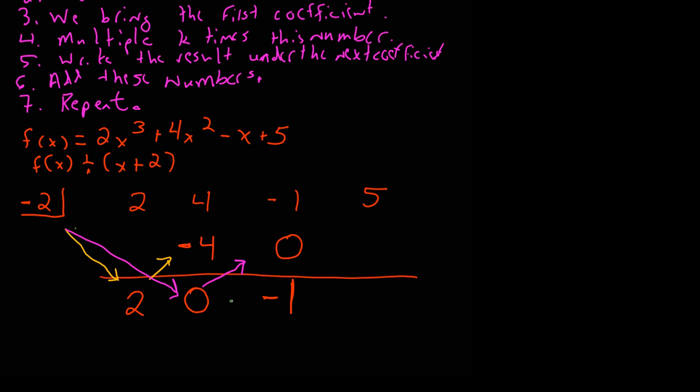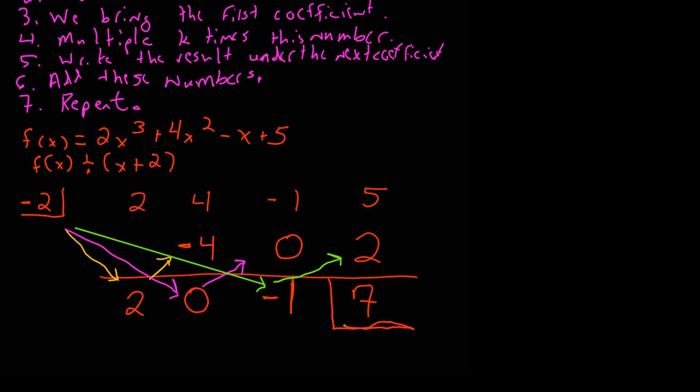So I multiply k times this number, and the result's going to go here. So -2 times -1 is +2. And I add these numbers, and I'm now out of terms.